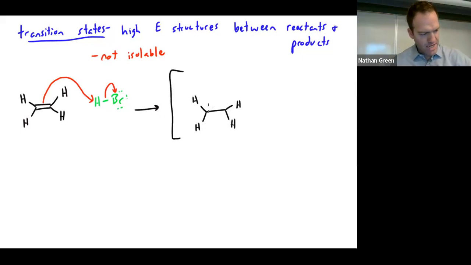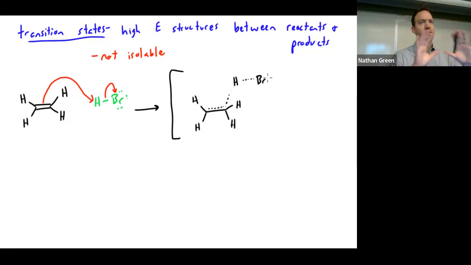So I am breaking a pi bond. This line shows that pi bond going away, so I'm going to draw the pi bond in a dotted line. I am forming a new carbon-hydrogen bond, so I'm going to draw a dotted line up here to the hydrogen. I am breaking a hydrogen-bromine bond, so I'm going to draw a dotted line there.